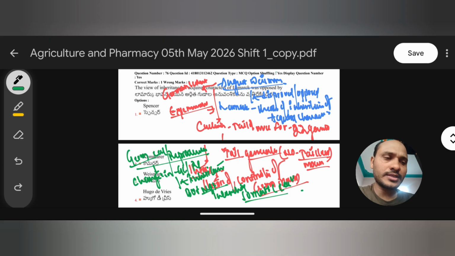By this theory he wanted to say that only changes in germ cells are inherited by the next generation; otherwise no somatic cell change is inherited. So this theory was proved. Okay. So this is all about August Weismann. Finally, August Weismann opposed Lamarck's inheritance of acquired characters. Right. So here the right answer is Weismann.